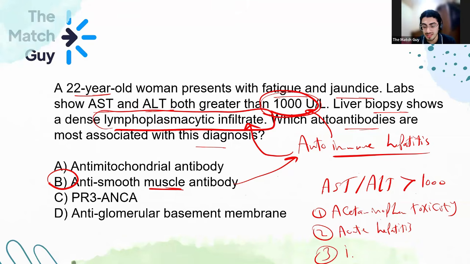Or in case of ischemic hepatitis. So, for example, he will tell you that we have a patient who just had a severe trauma that results in hemorrhage, and now he's hypotensive. After some time, the patient had a right upper quadrant pain and AST ALT more than 1,000. This is the presentation of ischemic hepatitis due to hypoperfusion.